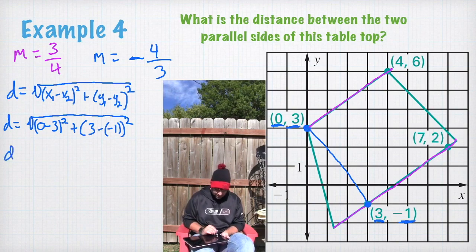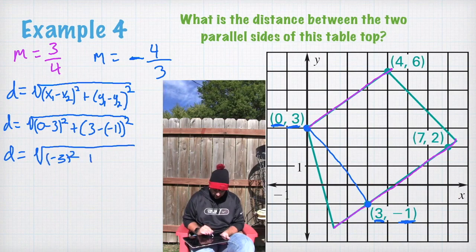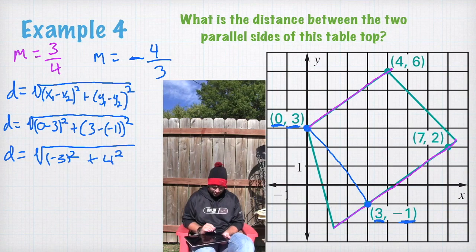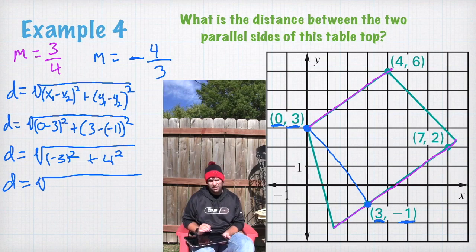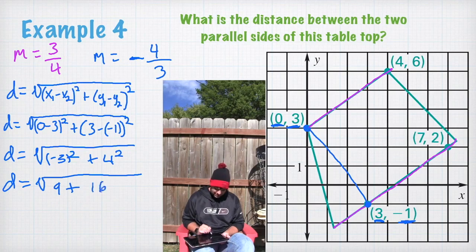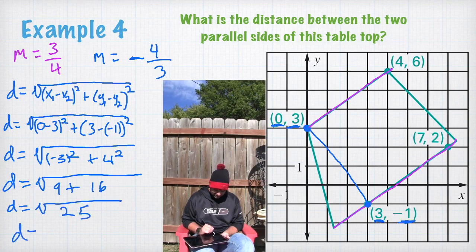Okay, so d equals the square root of (negative 3) squared plus 4 squared. Negative 3 squared is going to be positive 9, plus 4 squared is going to be 16. So d equals the square root of 25. So the distance equals 5.